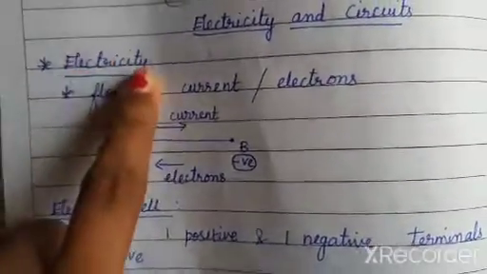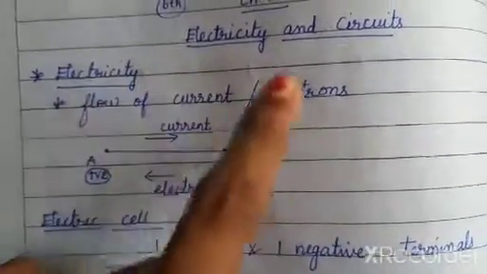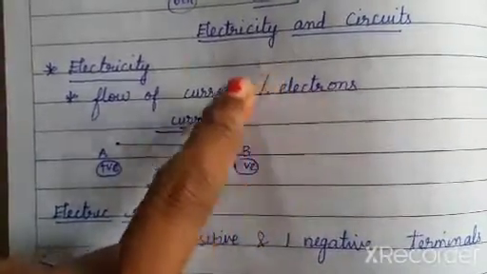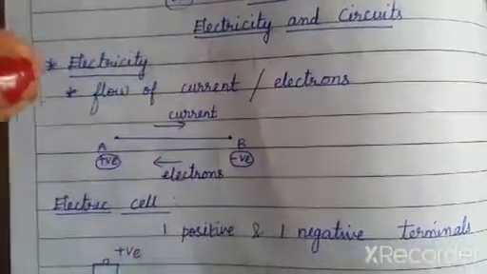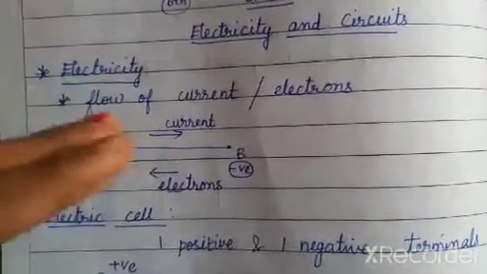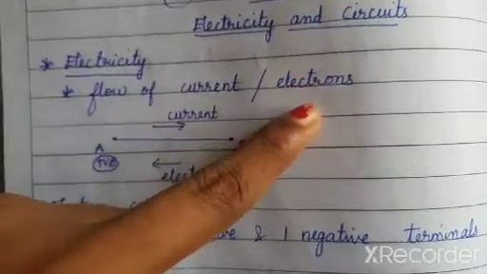So what is electricity? Electricity is the flow of current or the flow of electrons. The electric current has charges. The electric charge is of two types: positive is the proton and negative is the electron.